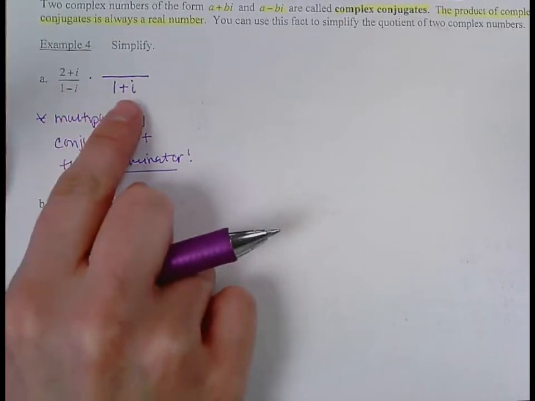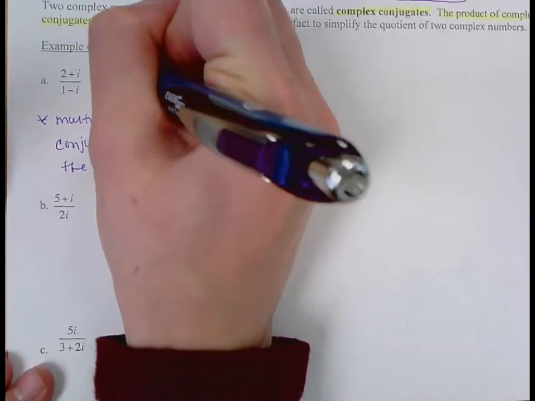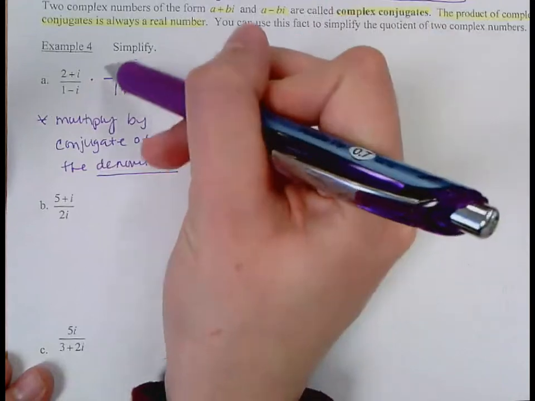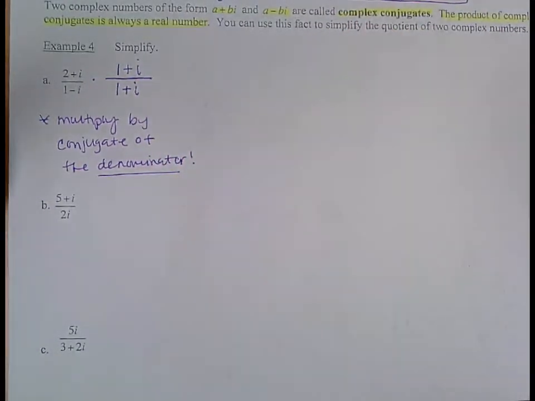If it was plus, I would change it to minus. And I multiply by that same thing on the top. The reason you have to multiply by the same on top and bottom is you're really multiplying by a fancy looking 1, so you're not changing the value, you're just changing the way it looks. It's kind of like if I just multiplied by 2 over 2, it's just 1.